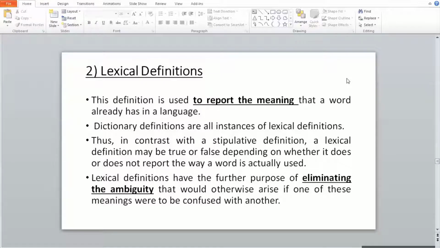Because of that arbitrariness, we cannot say it is either true or false. But in the case of lexical definition, we can say a definition is either true or false, depending on whether that definition is given rightly or is actually used in line with the definition of that term.